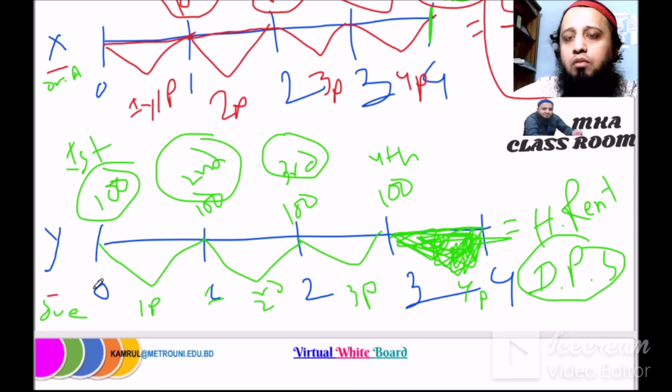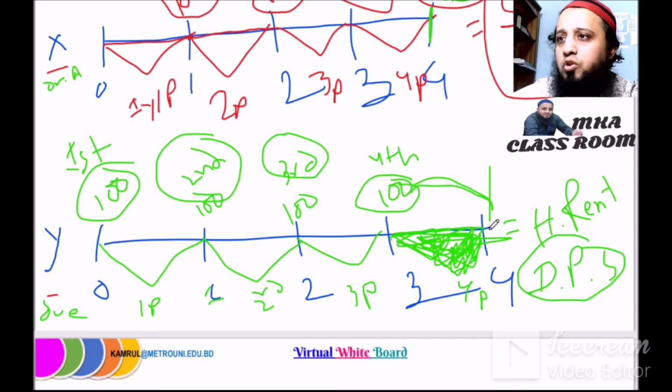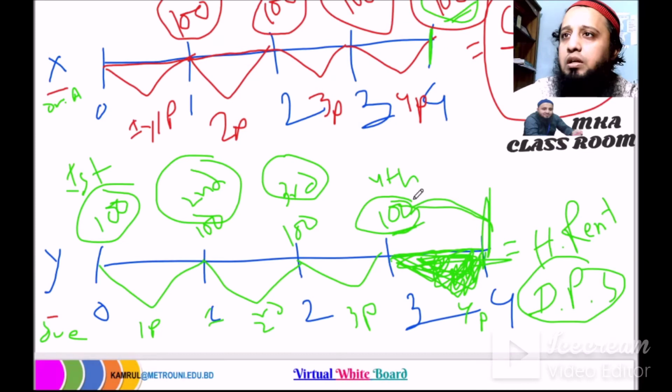That is why these installments get interest for the periods, but this 100 taka does not get the interest in ordinary annuity. That is the great difference between ordinary annuity and annuity due.